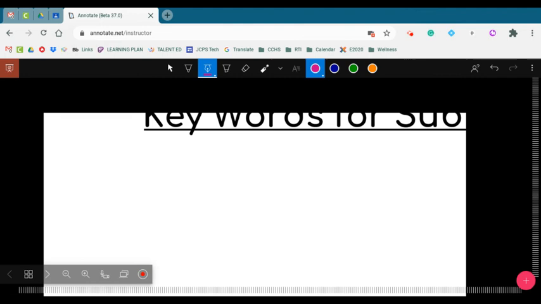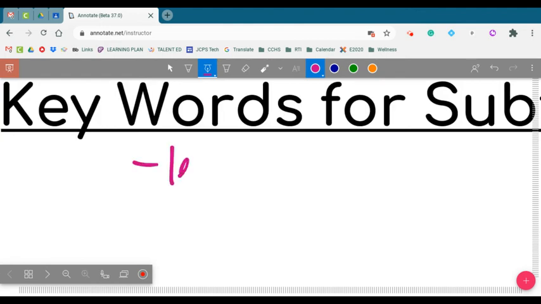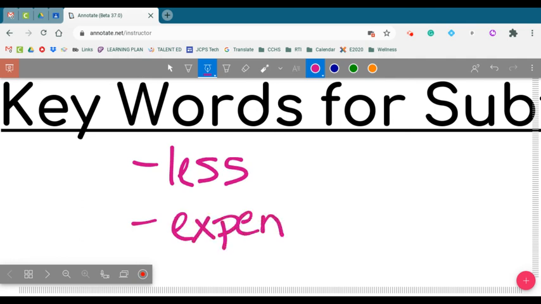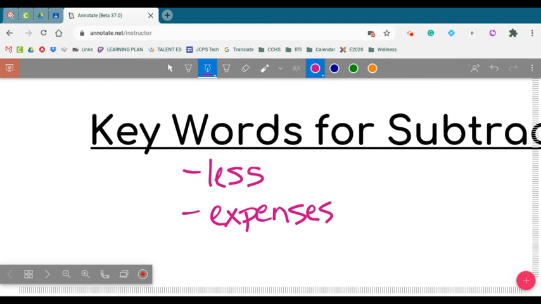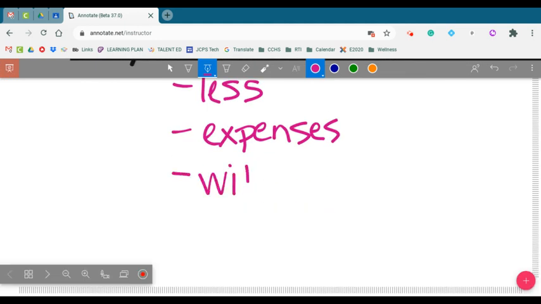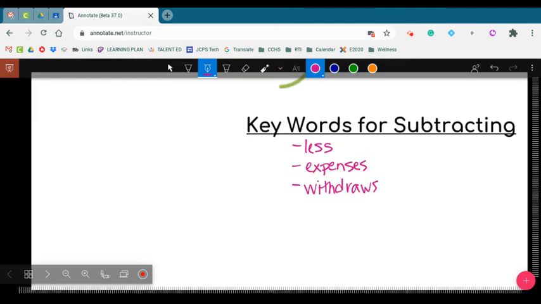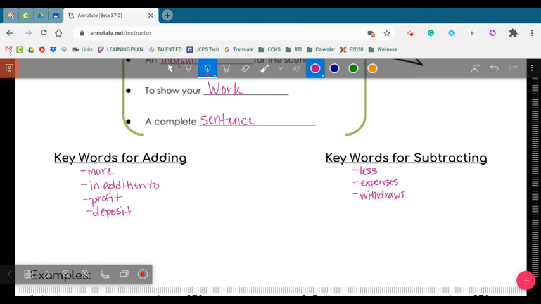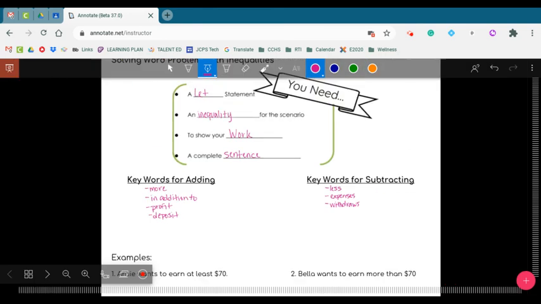For subtracting, you have less, expenses are subtracting, withdraws, and less than also, but those are some that I can think of. If you can think of more, that'd be great, and we'll identify more anytime we're reading through our word problems.